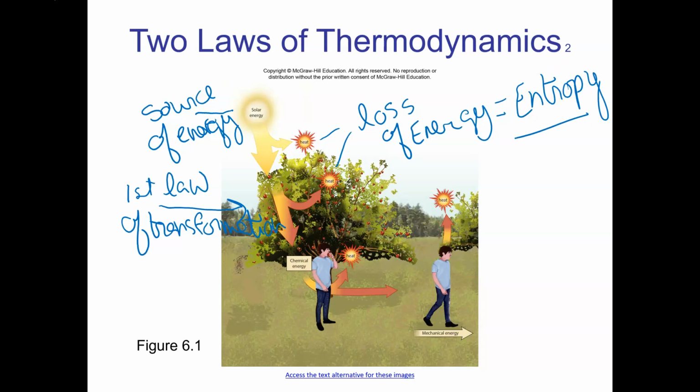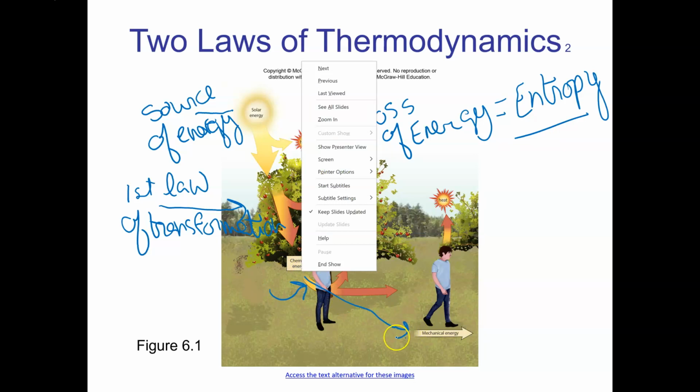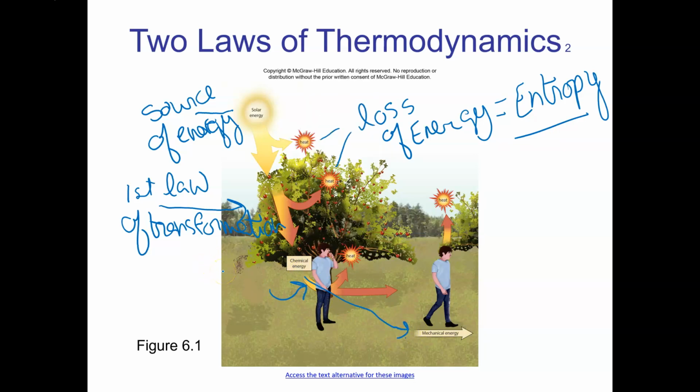We convert this chemical energy into the energy of motion. Chemical energy to the energy of motion is another form of energy transformation. And as we do that, we again lose energy in the form of heat.